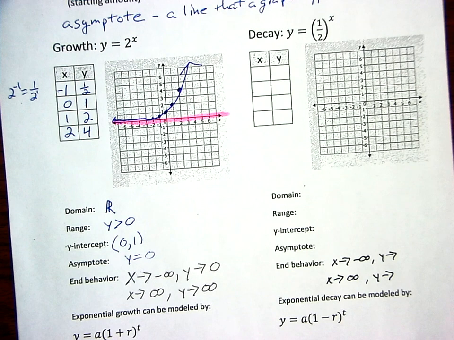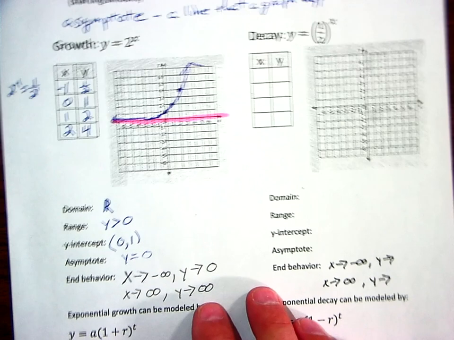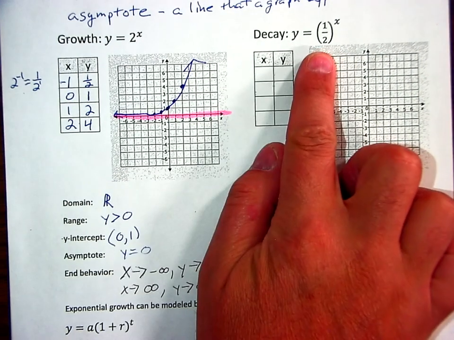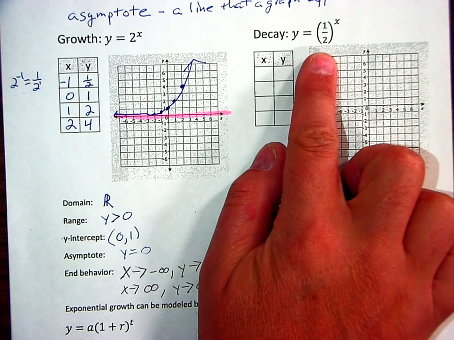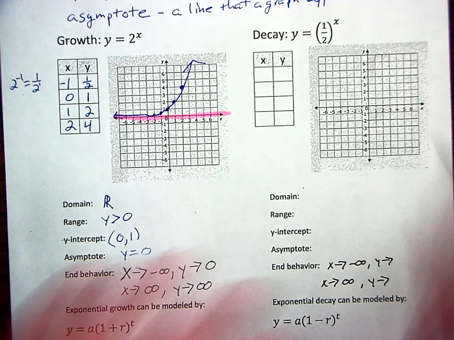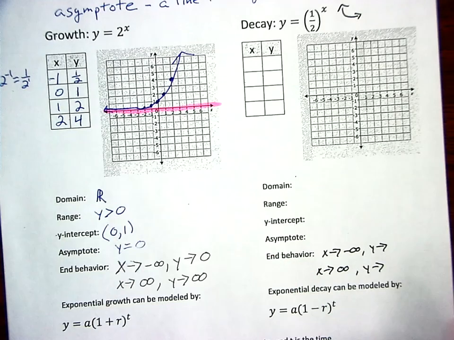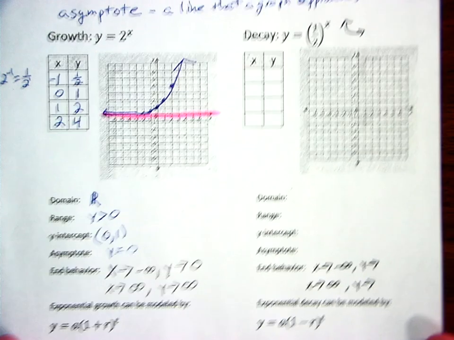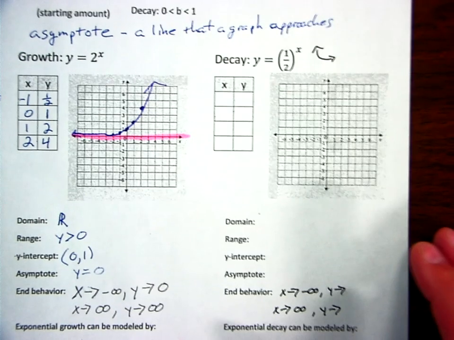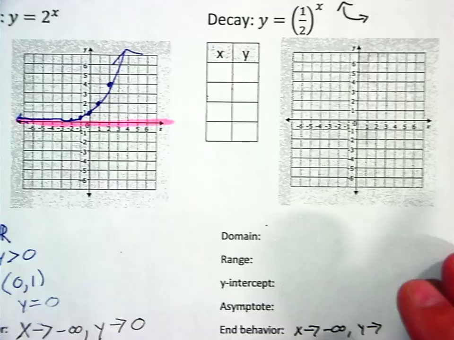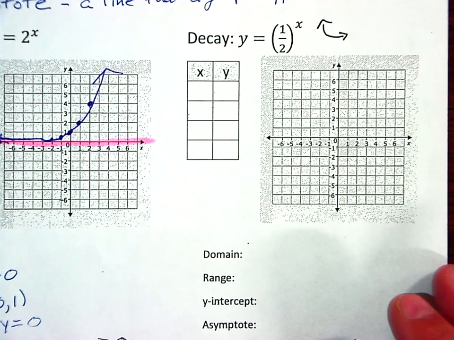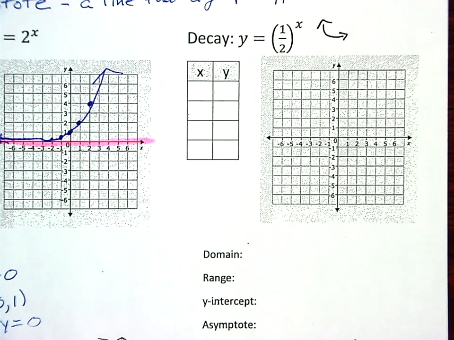Well, it should be going up, and it should be going either left or right. Now, this is a half. A half means it's getting smaller, correct? So that means that since it's getting smaller, our graph should look something like that. So when X is getting closer to positive infinity, then Y is closer to 0. I'm confused. Let me go over it in just a minute.